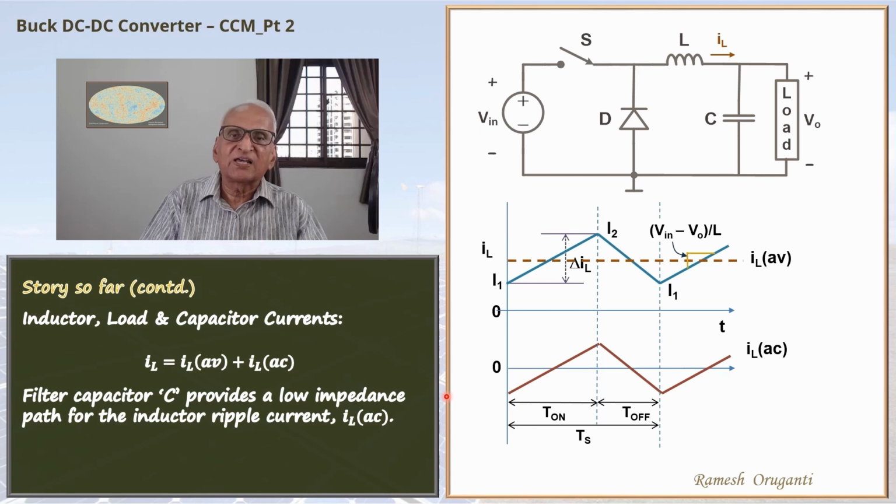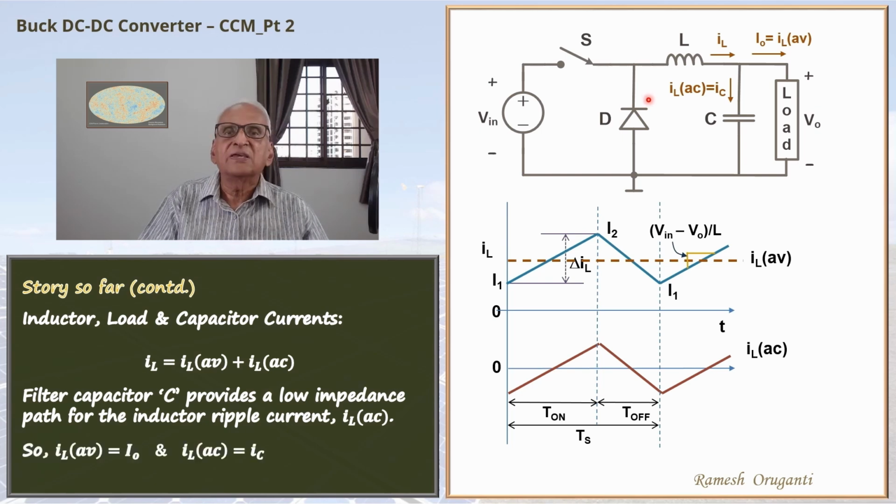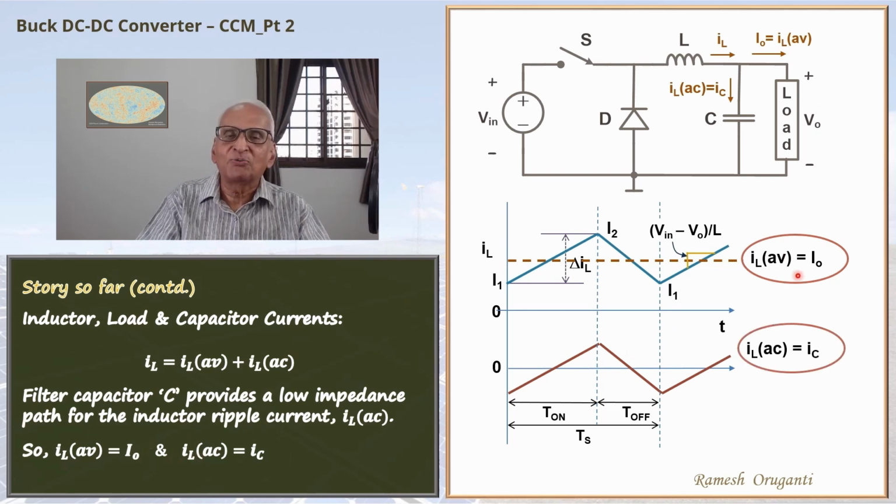So the average current, IL average, flows through the load, IL AC flows through the capacitor. After all, the reason why we are using the capacitor is to filter the ripple current. So IL average equals I0 and IL AC equals IC. That is just a quick run through of what we learned in part 1.